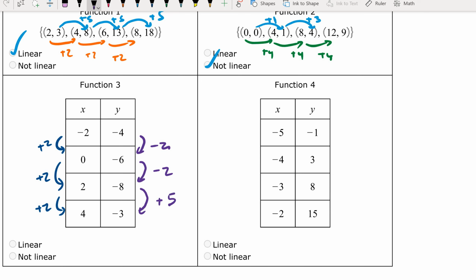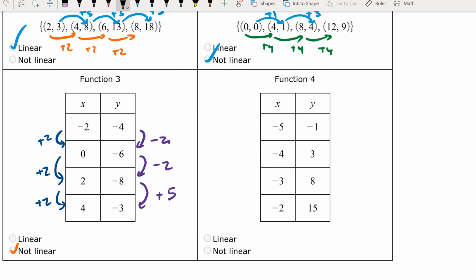So that breaks the pattern. It's not a linear equation. Number 4. This is increasing by 1, right? Increasing by 1. And the y value increasing by 4, 5, and then 10. So it's not a linear function.